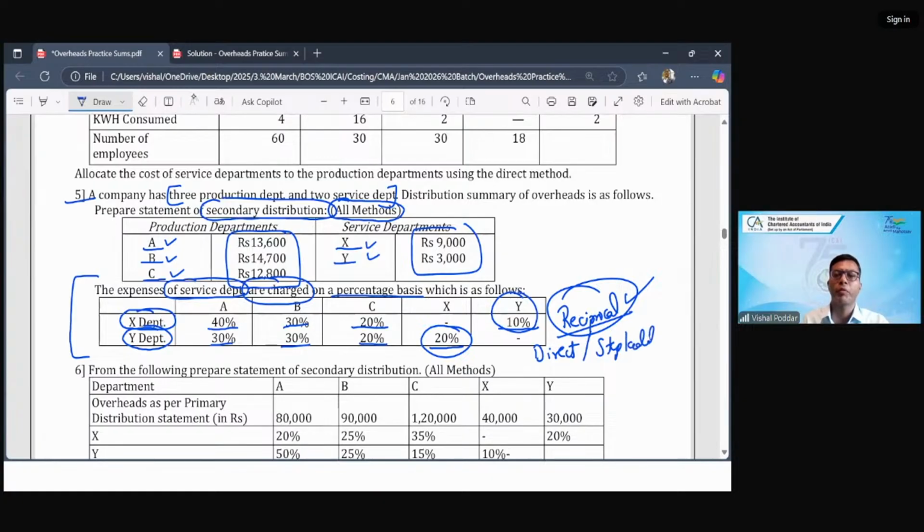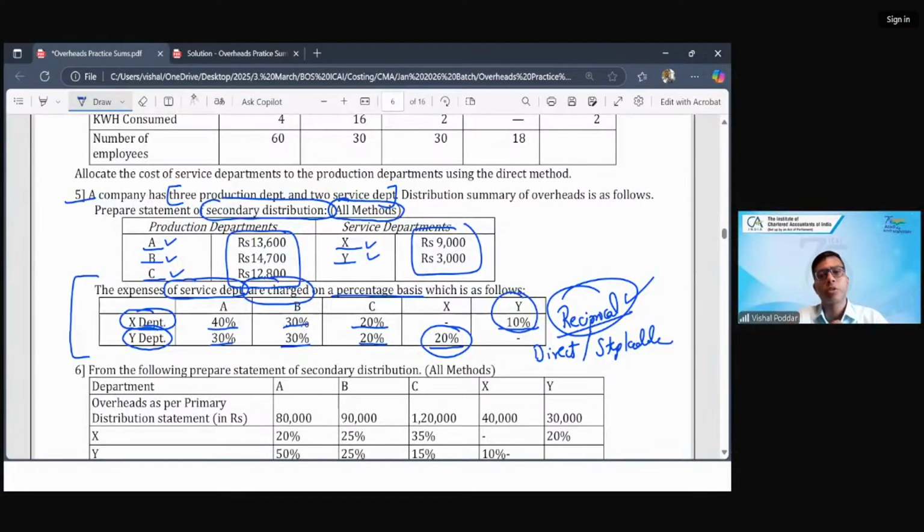Can you get this type of question in exams? Answer is yes. In fact, after this question, which is for explaining you all the methods, when I'll take up the other questions of this category, which are the exam questions, you will find that even in exam questions, they have done this. Originally, the question may be of reciprocal or of step ladder, but they ask you to solve it by direct.